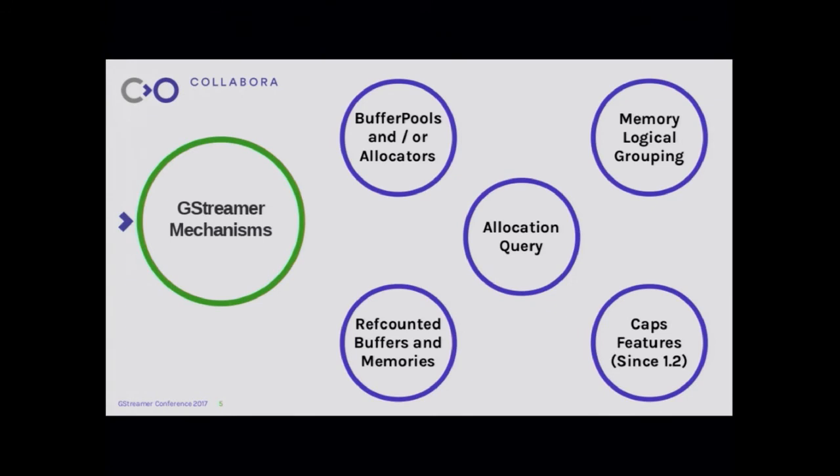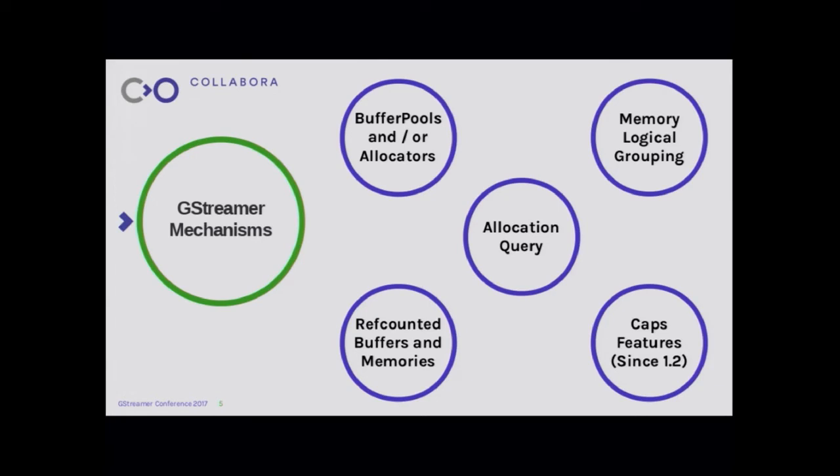You actually stop wasting resources. GStreamer has a collection of tools that you can use, and the way to use them is really case by case, because every platform has a little thing that makes it different. In GStreamer, we have the ability to wrap your memory, and to propose your memory to an allocator, which is basically an interface to allocate memory, just like malloc, but you could do something special in the back.